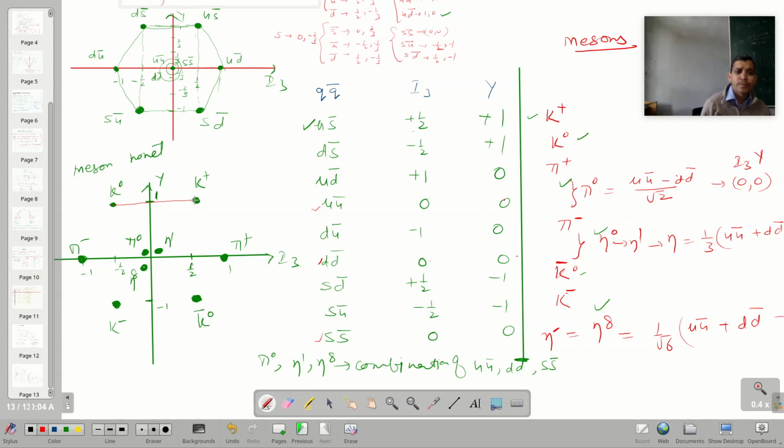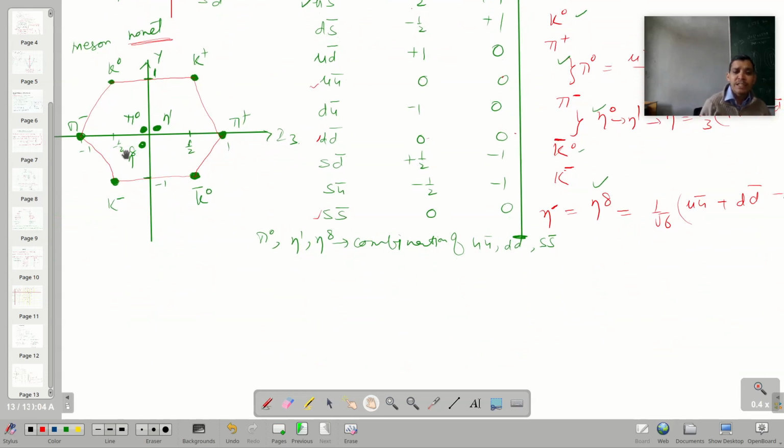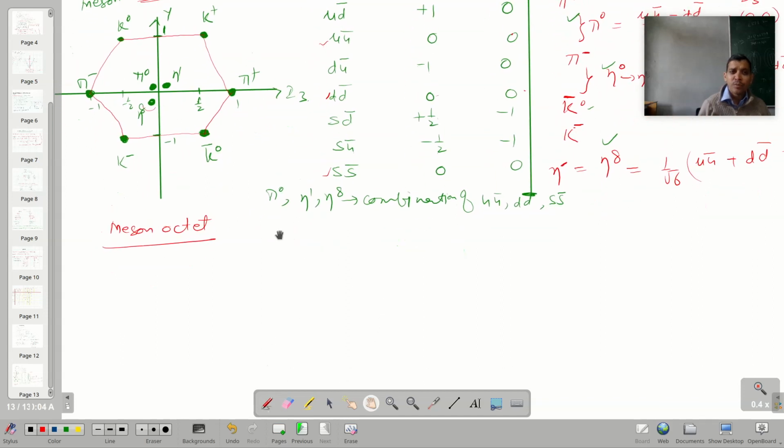So this is basically the nonet representation of mesons, but sometimes this can be taken outside. So in the octet form, means in the meson octet, these points are represented and this can be taken outside, right? So in the octet form, we will take 8 mesons.